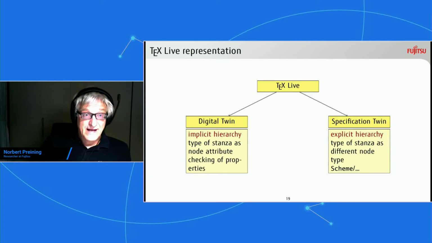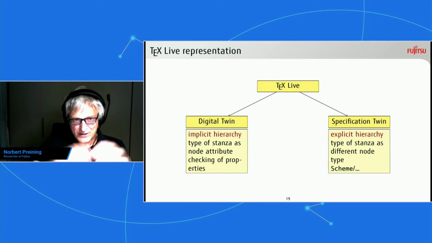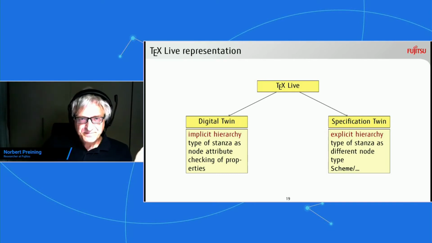So in TeX Live, what would it be? The digital twin would be, well, we have an implicit hierarchy so that every stanza, what I mentioned before, so one package is just, well, one package, one node, so to say. And we have certain additional attributes that tell you this type of unit node is a collection and this type of unit is a package, but no implicit enforcement of order and this kind of stuff.